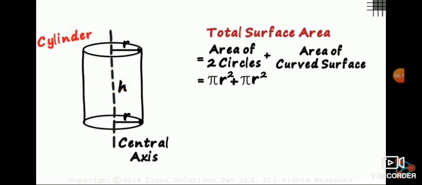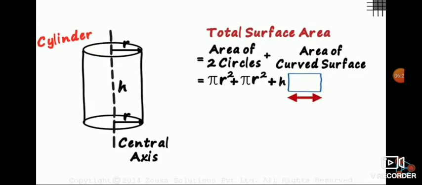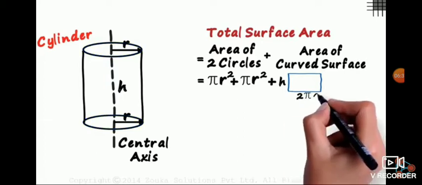The curved surface when opened up will look like a rectangle. And what will be the length and the breadth of this rectangle? The breadth is easy. It will be the height of the cylinder. But what about the length? Yes, the length of the rectangle will be the circumference of the circle. It will be 2 pi r.